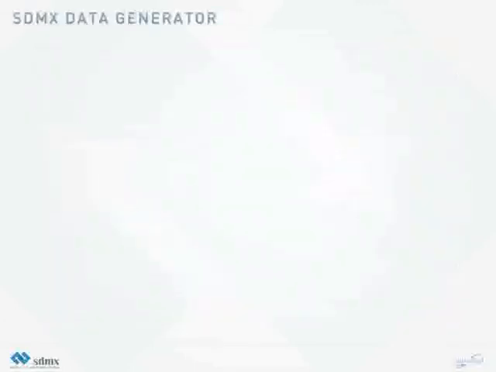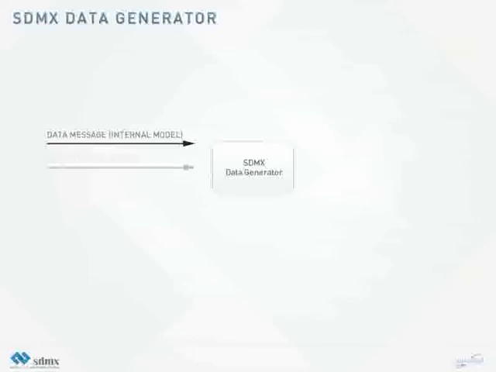This module is responsible for creating the final SDMX ML dataset messages. It performs the translation of the data message in the internal data model to an SDMX ML dataset. The input of the SDMX data generator is a data message represented in the internal SDMX data model.